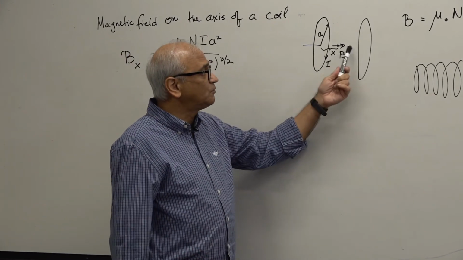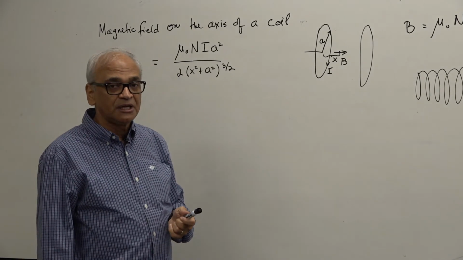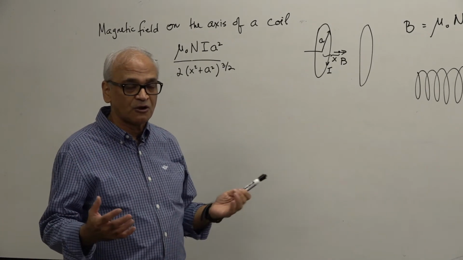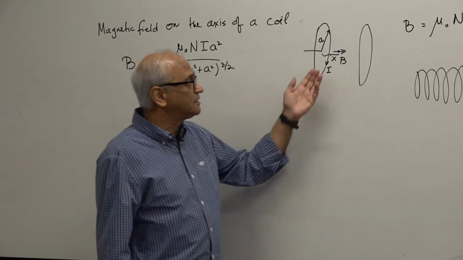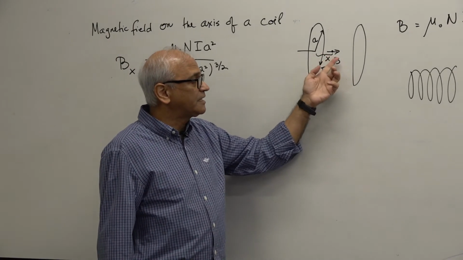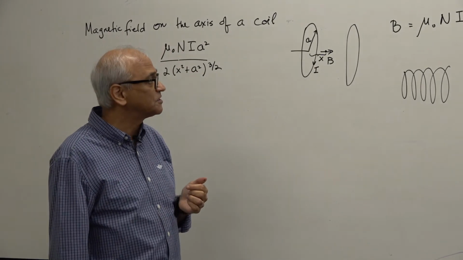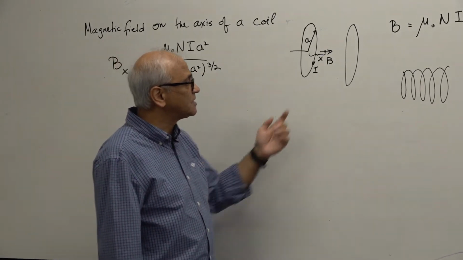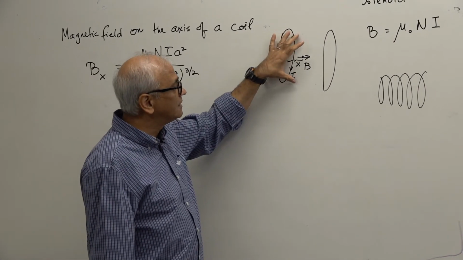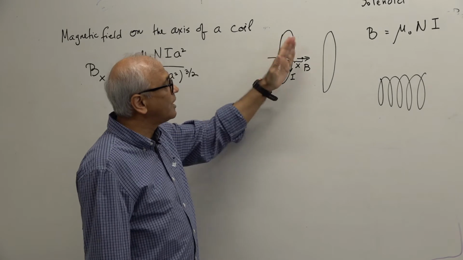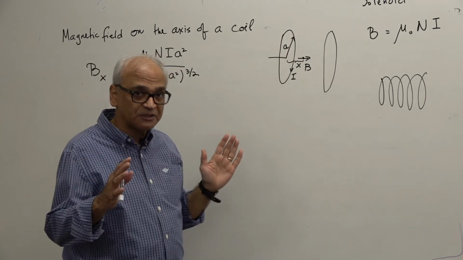Let me tell you one thing: an MRI machine is basically a big Helmholtz coil where your body is submerged, and it makes a very high field in Tesla. 10,000 Gauss is 1 Tesla, so you have about 2 to 3 Tesla. But the main thing here is that you don't have to have this entire distance filled with the Helmholtz coil.